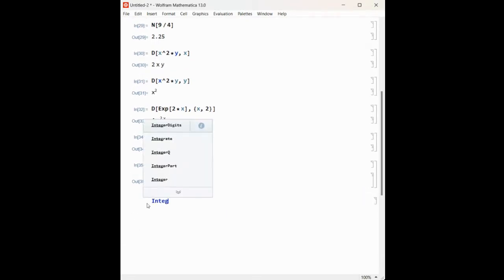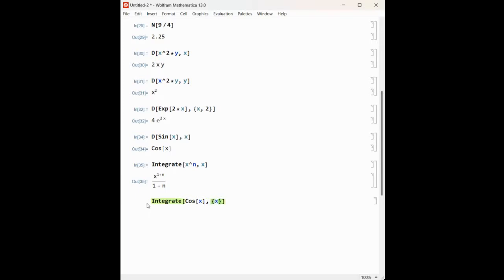But if we integrate with a limit, it gives us a number. For example, let's integrate cosine x. Now we want to specify the limit.